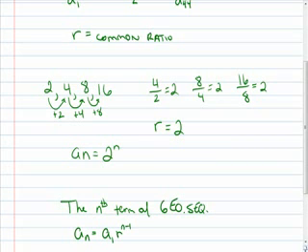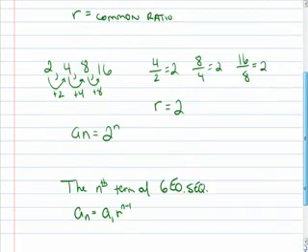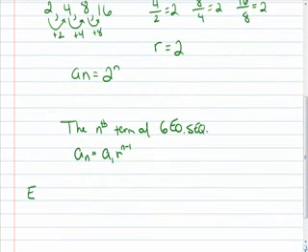It says the nth term in a sequence is equal to the first term times the ratio to the n minus 1 power. The 25th term would be the first term times r to the 24th power. One less, right? How does that work?